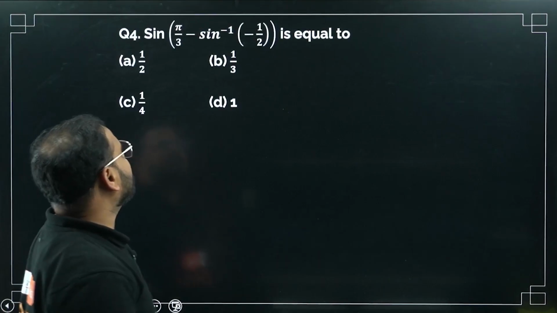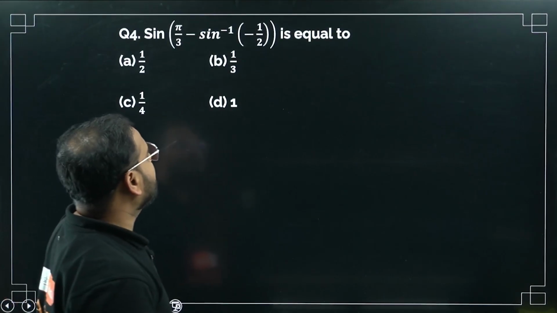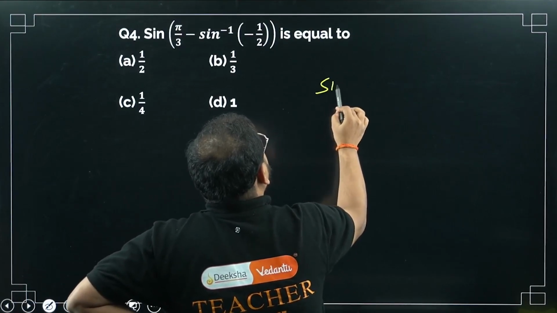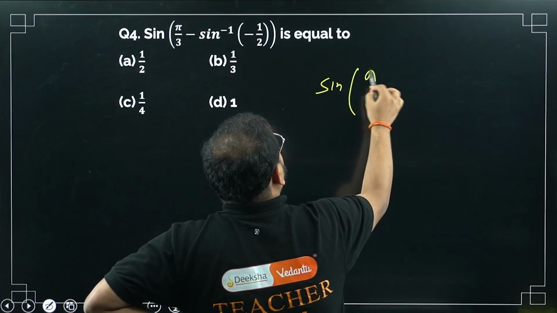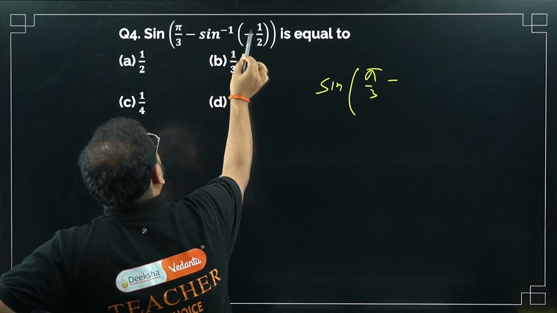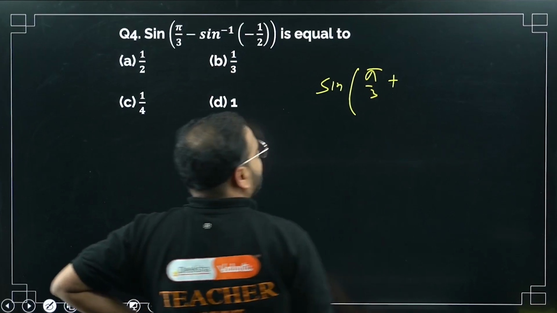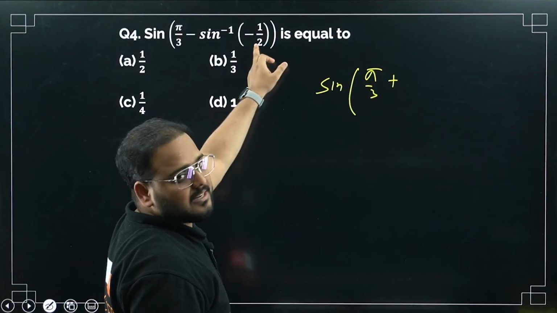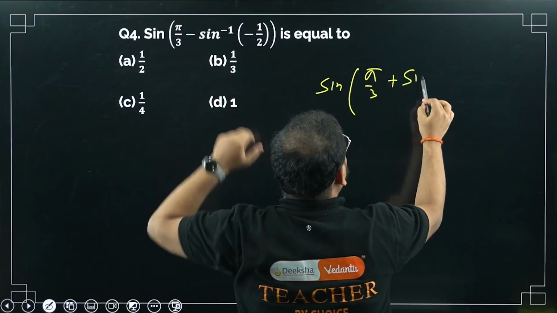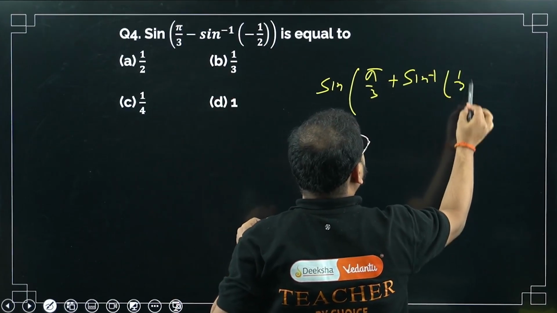Sine of pi by 3 minus sine inverse of minus 1 by 2. Can you solve it? Of course, sir. Sine of pi by 3 we write as it is. Now for sine inverse of minus theta, I can take the minus outside, which becomes minus sine inverse of theta. There is already a minus over here, so it becomes plus sine inverse of 1 by 2.